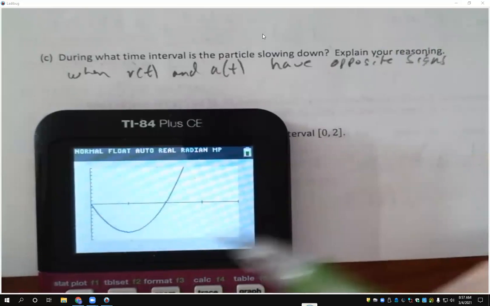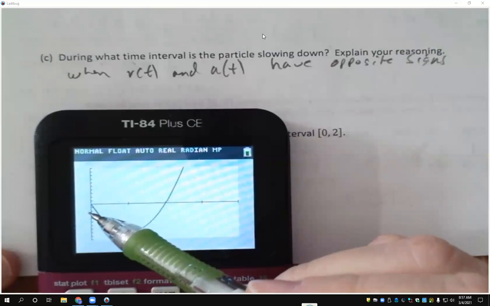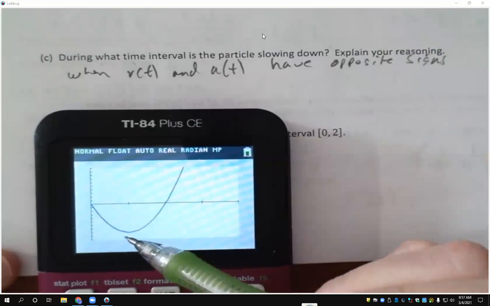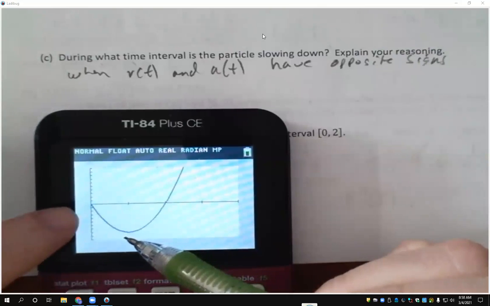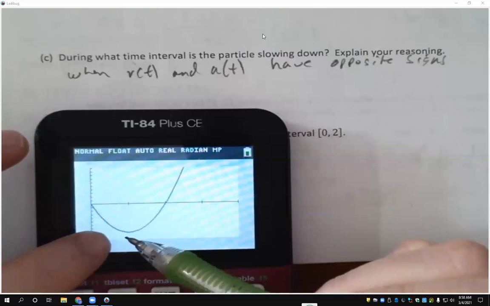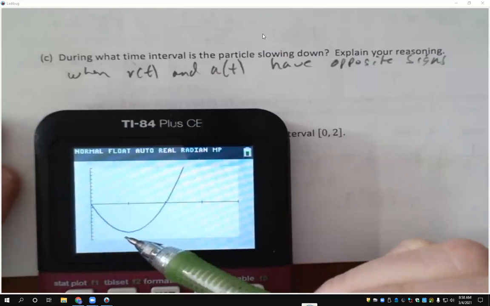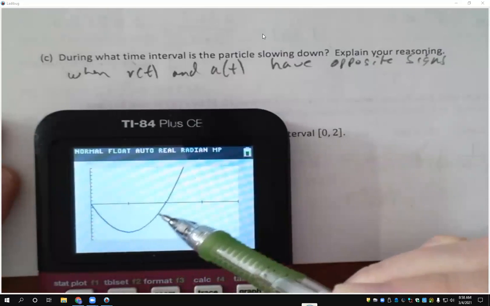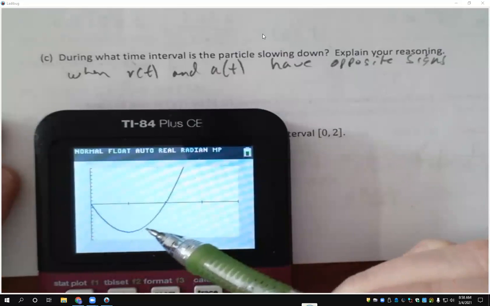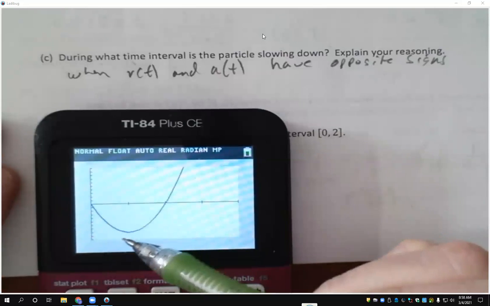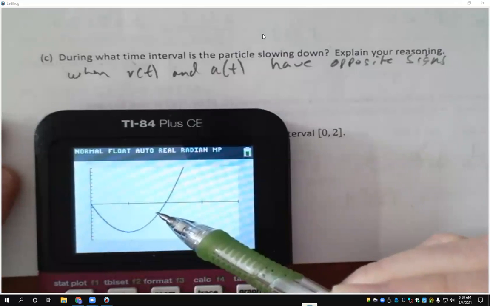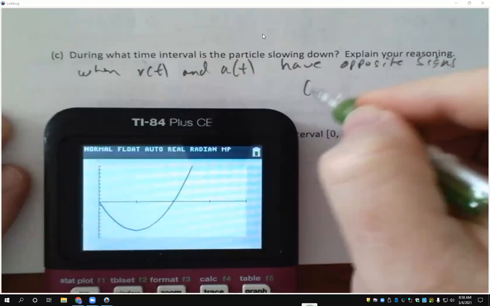We want opposite signs. Right here, velocity is negative until we get to this minimum, and acceleration is also negative because the slopes of all these tangent lines would be negative. And once I go from here to here, my velocity is still negative, but all the slopes here are positive. So this is 1 to 2, where we have opposite signs.